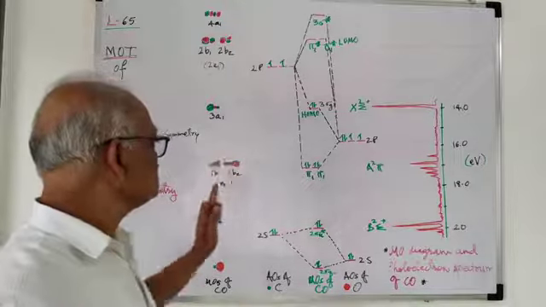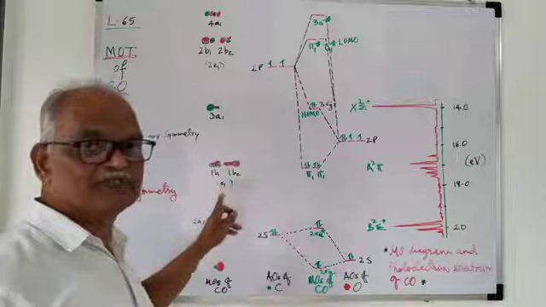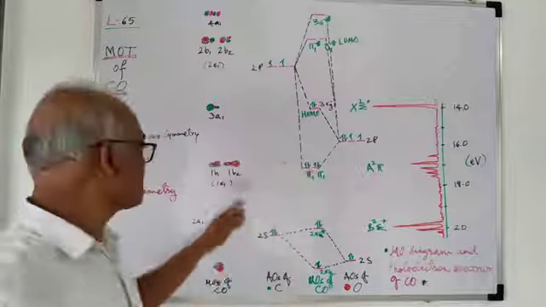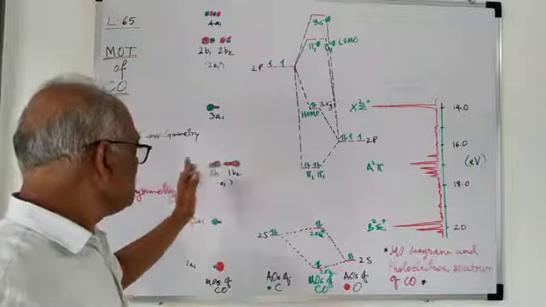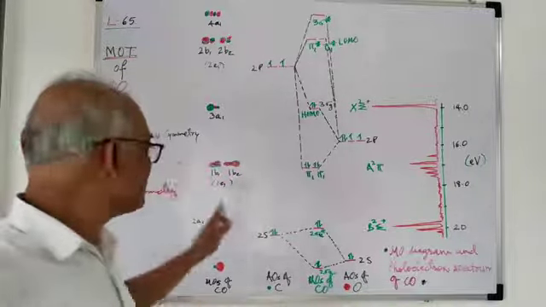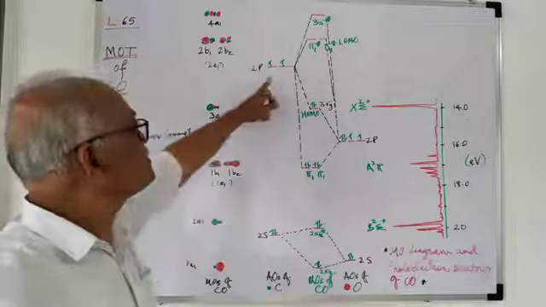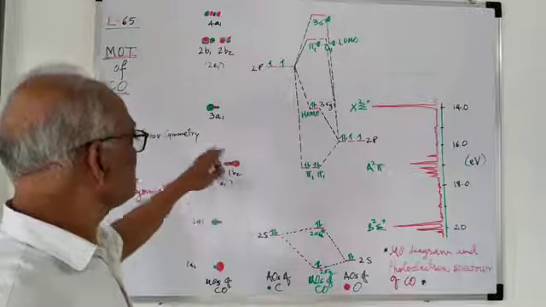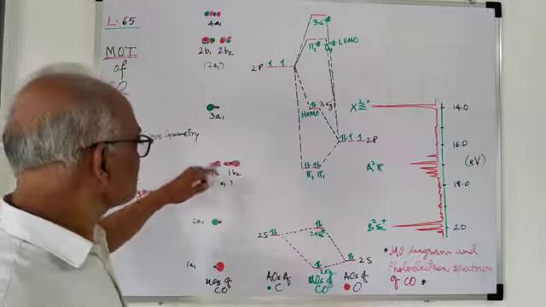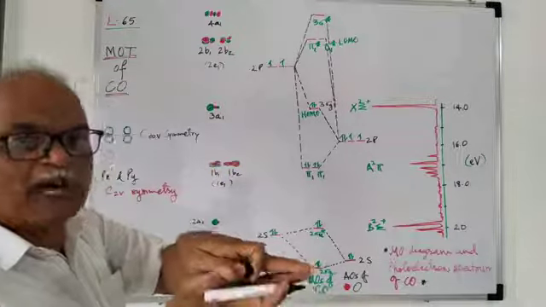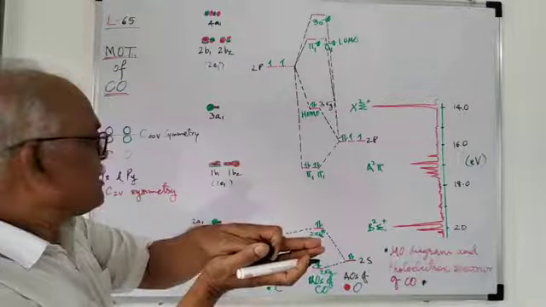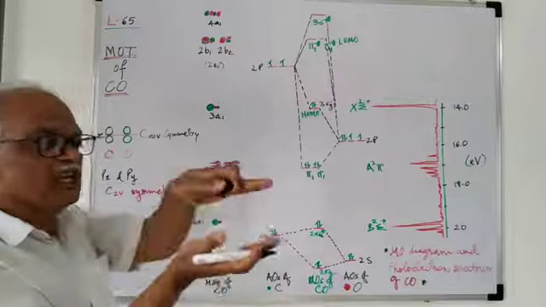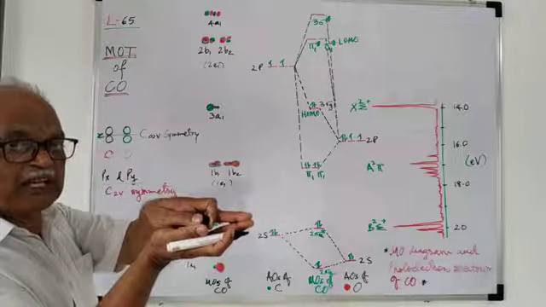This portion is contributed by oxygen 2p orbitals of pi nature, and this portion is contributed by carbon orbitals of pi nature, pi orientation. So this is the representation. These orbitals are lying one above the other. So one orbital has, say, a negative sign of wave function, and another orbital has a positive sign of wave function.